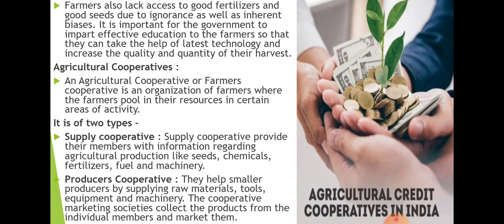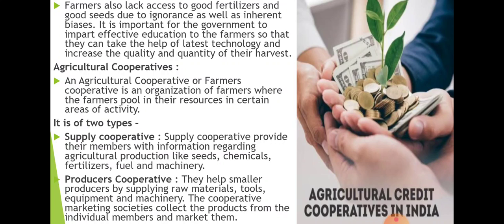They buy the farmers' product in a good amount, and after purchasing it, they sell it to the wholesalers. The maximum profit that can be gained by the farmers is given by these agricultural cooperatives.